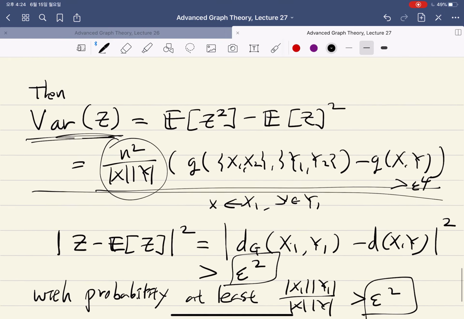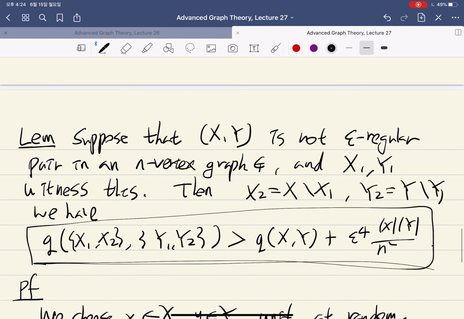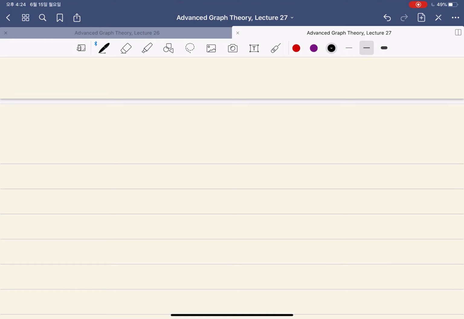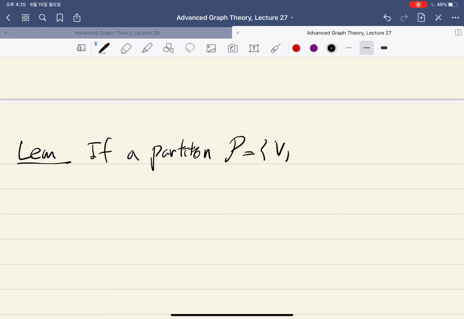Now, this is only for dividing one set into two. For a given epsilon regular partition, it has many parts, and we might have to take a further partition in each set. So let's prove that we can actually improve this further if this is not epsilon regular.